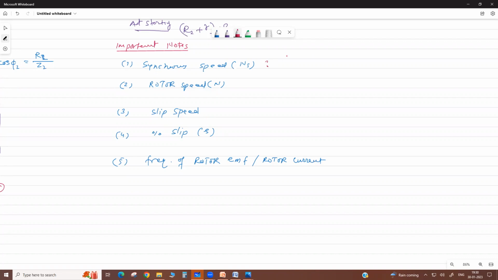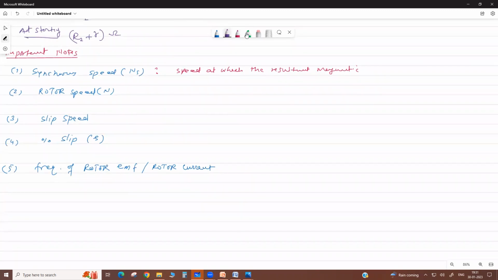This is the speed at which the resultant stator magnetic field rotates.